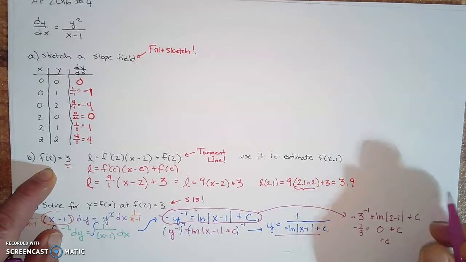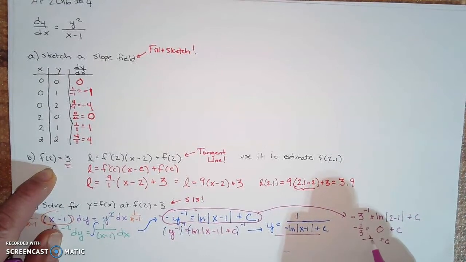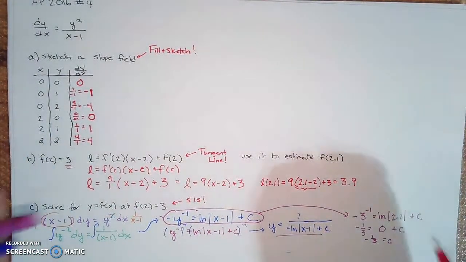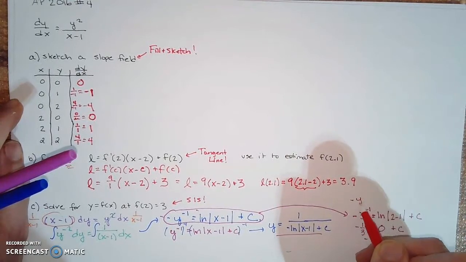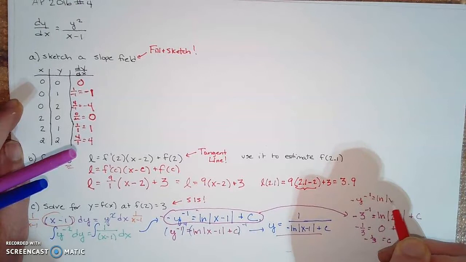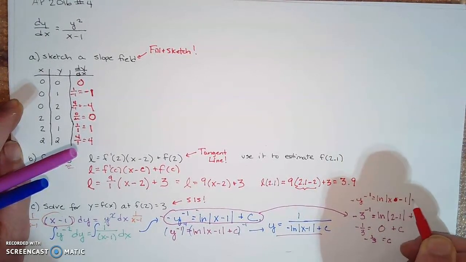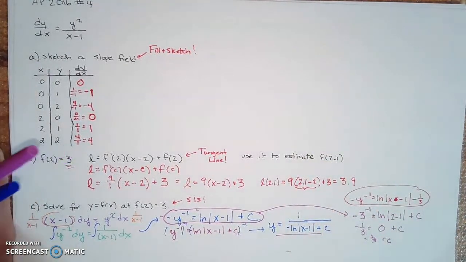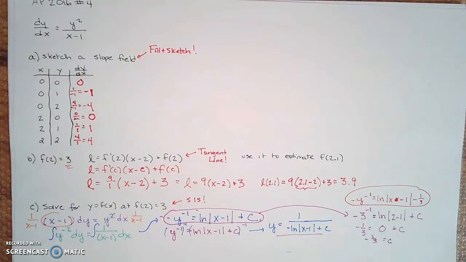So c equals negative 1/3. And that would have given me my equation right there. I'm going to write it up a little higher just so I can see the final answer. So negative y to the negative 1 equals ln, the absolute value of x minus 1, minus 1/3. I can leave the problem just like that. That would be the final answer there.